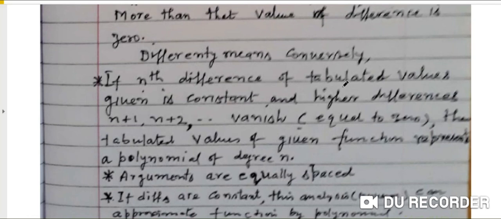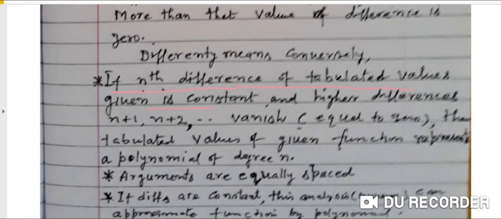Conversely, what does it mean? We are given that the nth difference of tabulated values is constant, and higher differences vanish. Then what does it mean? You are given that higher differences vanish. Vanish means equal to 0, and the nth difference of the given tabulated values is a constant.